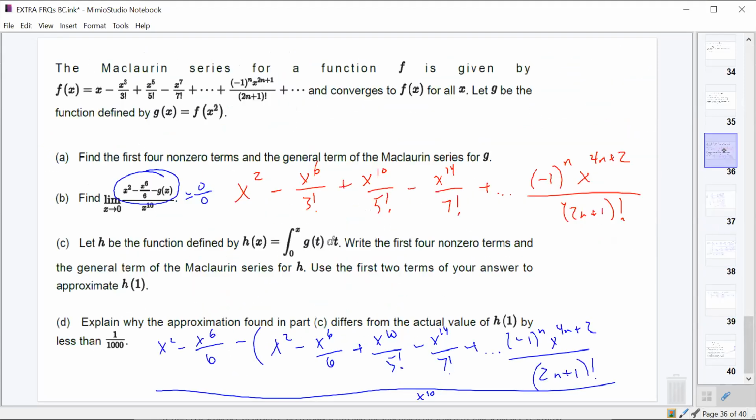But if we were doing it for this series for H, we know that it was centered around x equals 0. So our A value would be 0, and then our x value would be 1 if we were using the Lagrange error bound for this particular one, which we're not. But does that make sense? Yep, thank you. Any other questions, anybody?